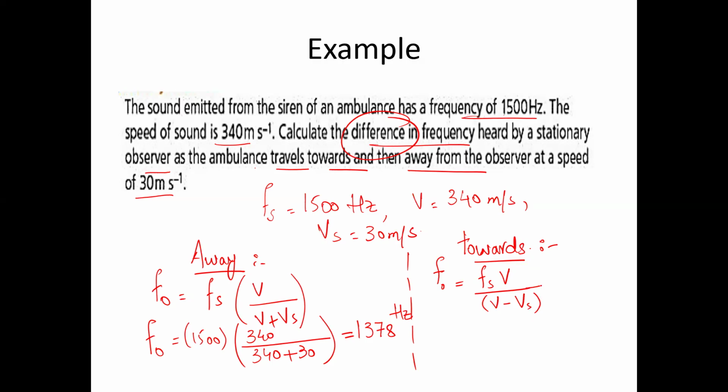When a sound source is moving towards us, it will be written as V minus Vs. So what is V minus Vs? V, we write 1500 into 340 whole divided by 340 minus 30. Can anyone tell me what this observed frequency will be?